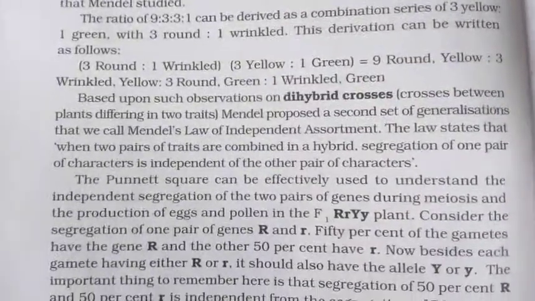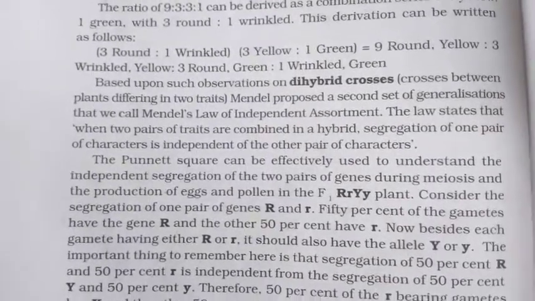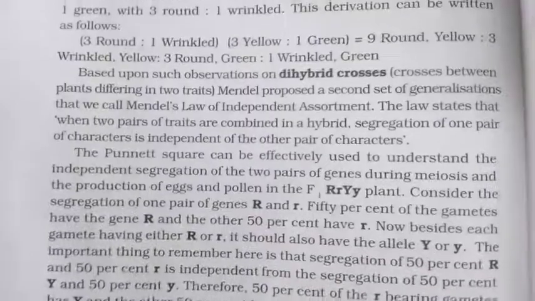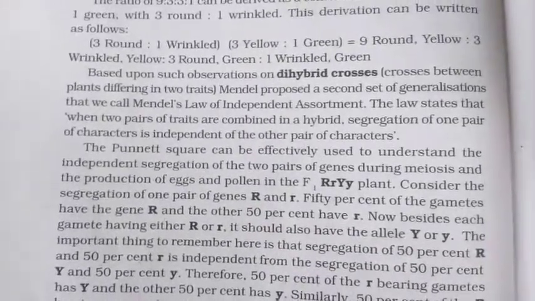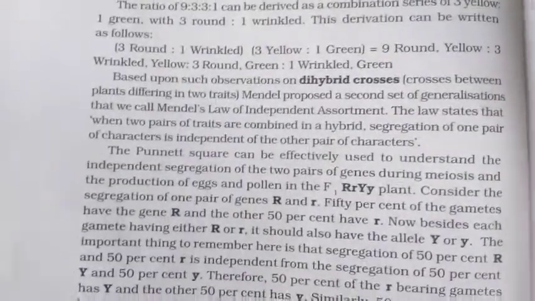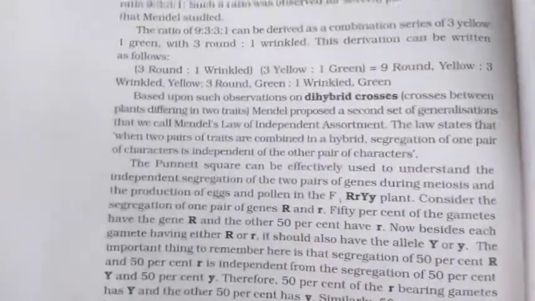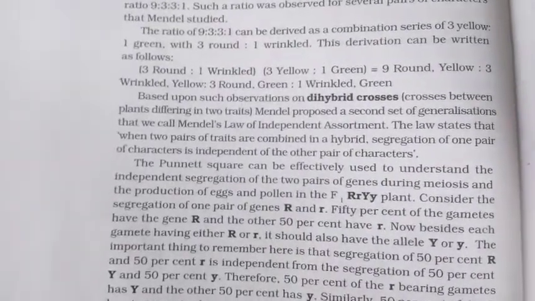The Punnett square can be effectively used to understand the independent segregation of the two pairs of genes during meiosis and the production of the eggs and pollen in the F1, that is the capital R small r, capital Y small y plant, the hybrid plant with the dominant phenotypic characters.